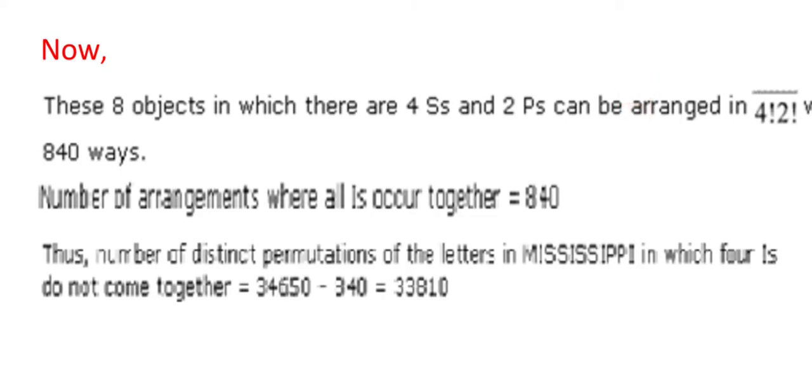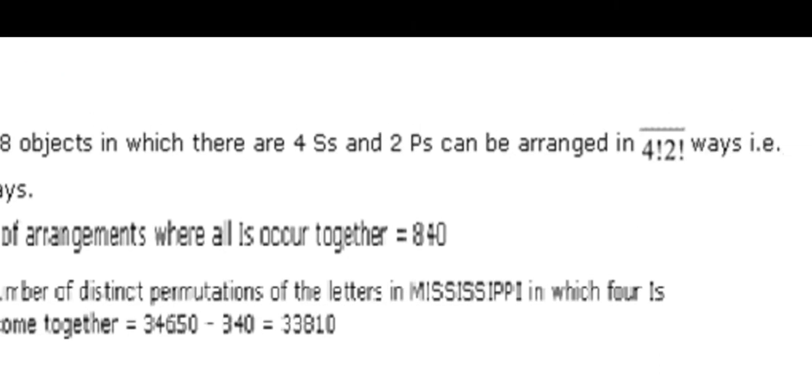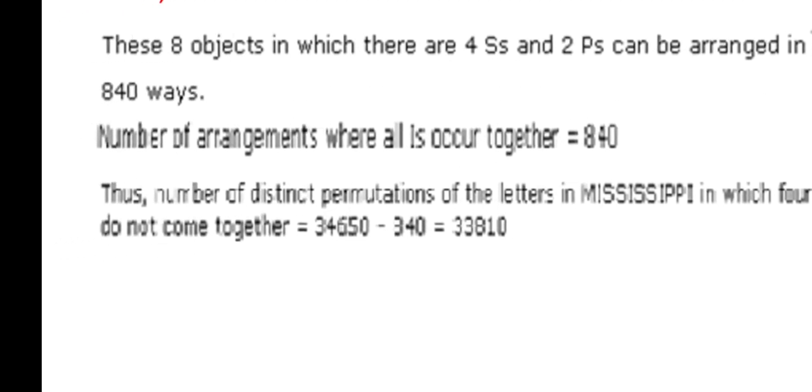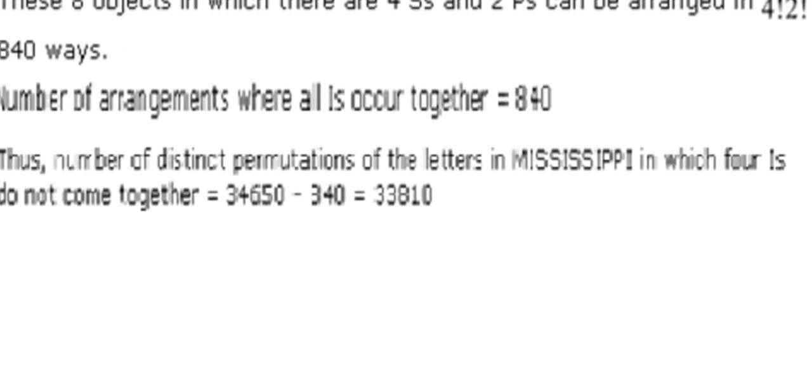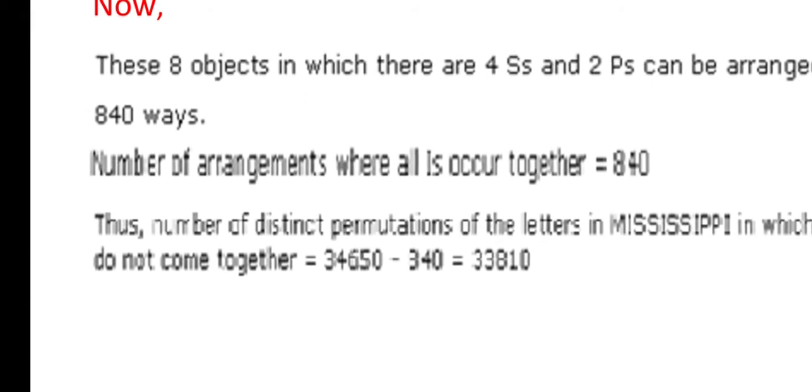In those 8 letters, all the 4 I's are taken as one unit. Now 4 S's and 2 P's will be there. So the total number of permutations will be factorial 8 by factorial 4 into factorial 2, and it will be 840 ways.